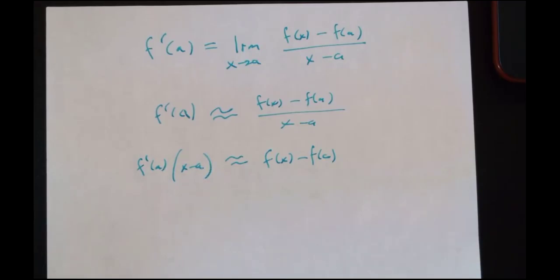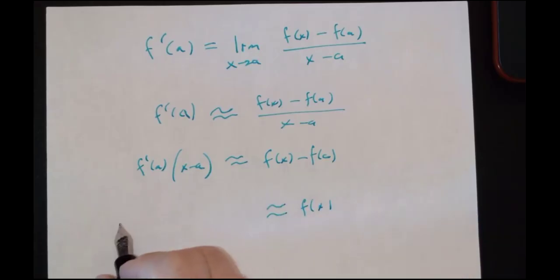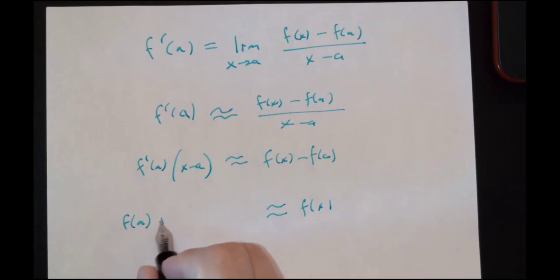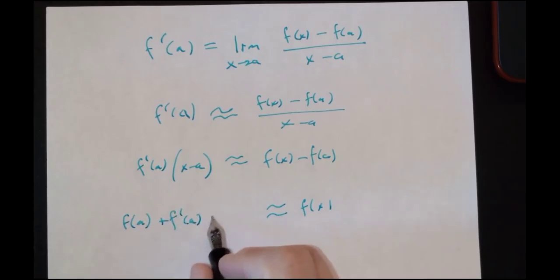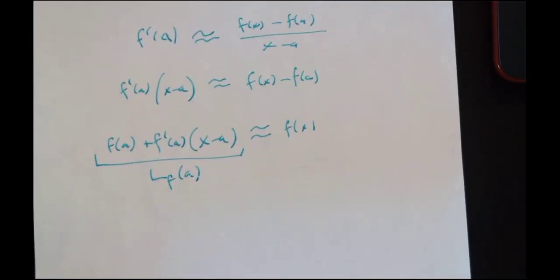I move over the f of A. f of x is roughly equal to f of A plus f prime of A times x minus A. And this was exactly the expression we called the linear approximation. It's really just the tangent line. But it's a great rough number.